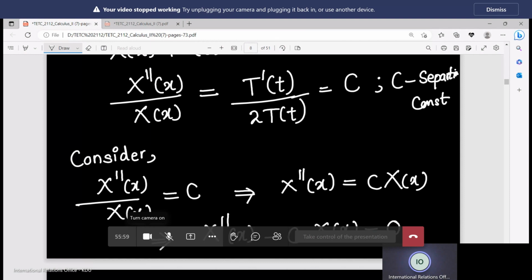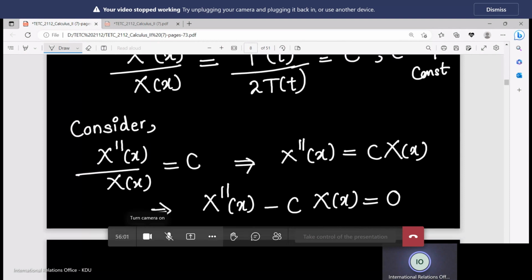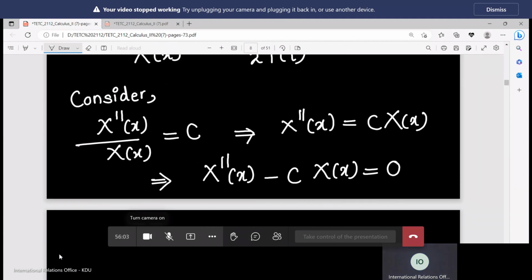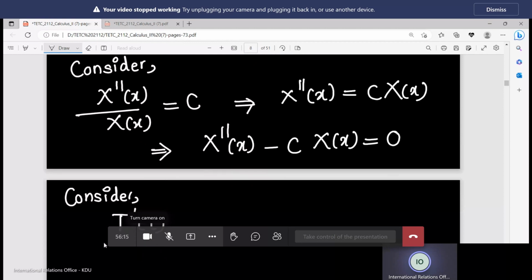දැන් අනිත් එක පෙන්වන්න මොකද්ද අපි කරන්න ඕනේ? We have to consider T dash t over 2 capital T. This is equals to C. Obtain the answer.